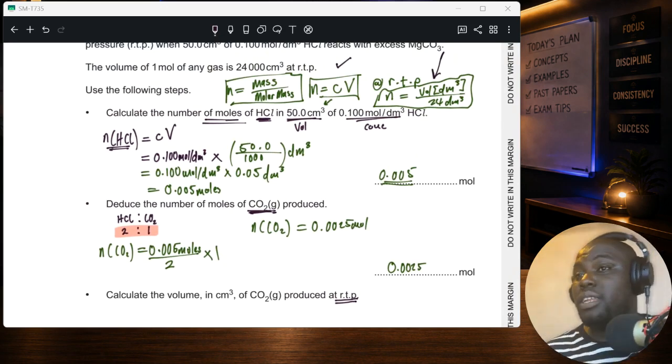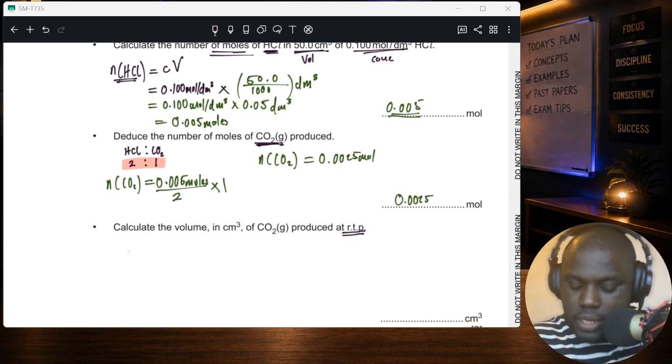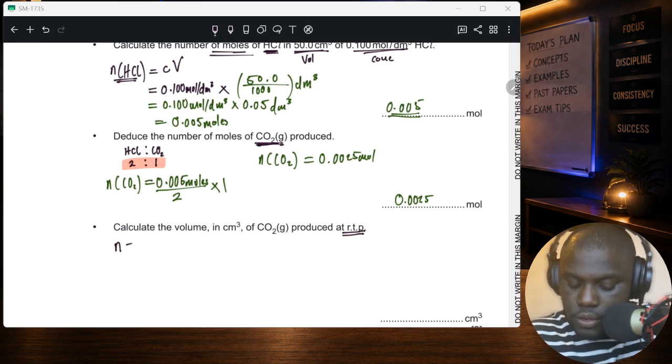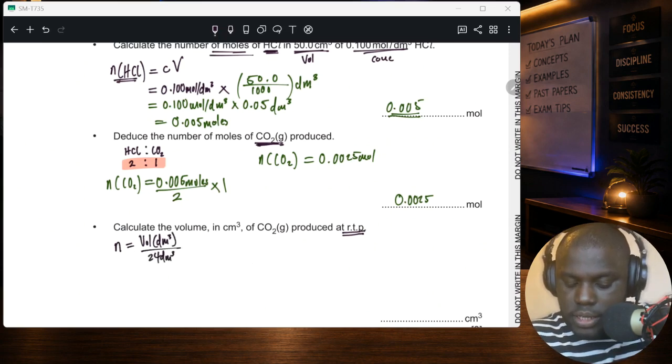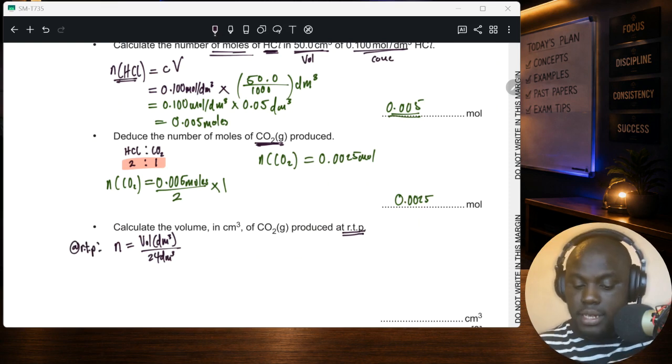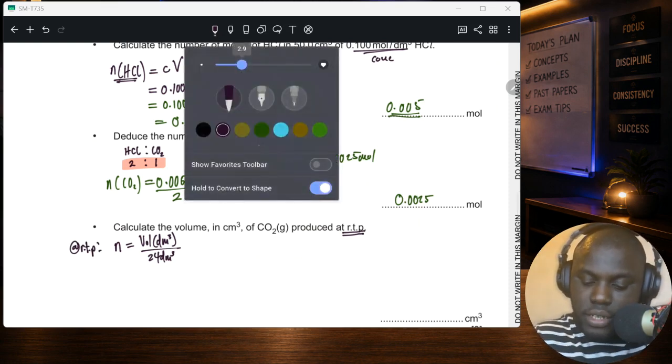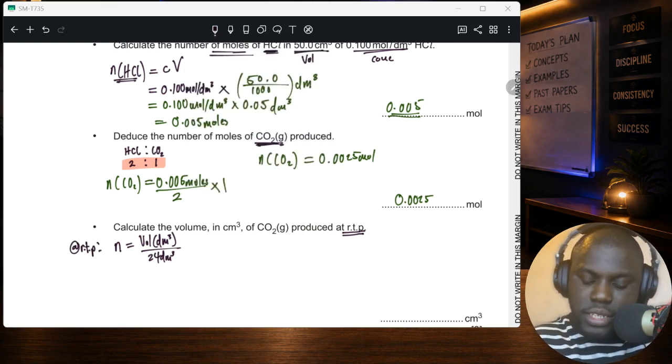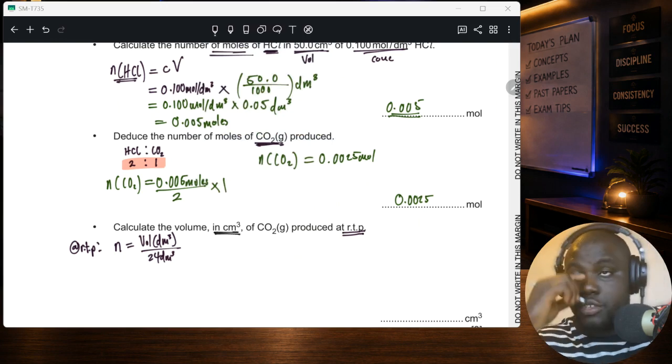So write the formula down. You're going to write number of moles is equal to volume in dm cubed divided by 24 dm cubed. This is at RTP. You show that you know. Now what they want is volume, but they don't want it in dm cubed. They want it in cm cubed.